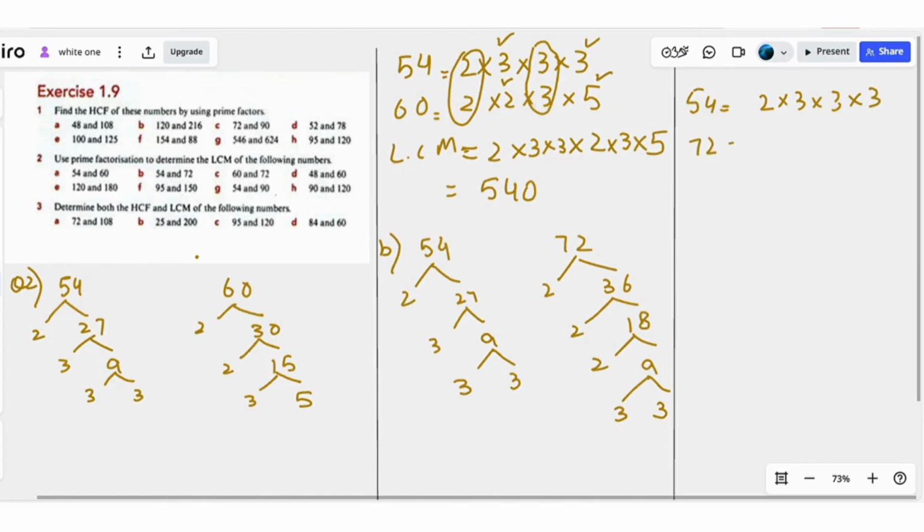In the end of this video, I'm going to do the division method also. You can opt for any of them, whichever you find easier.